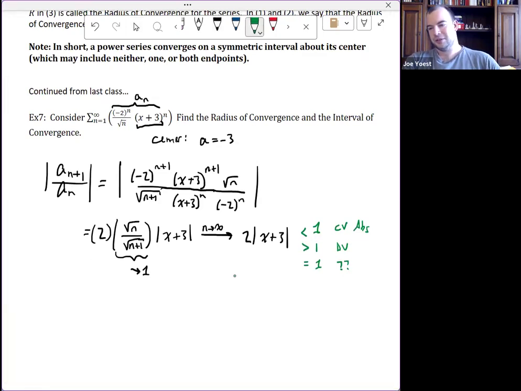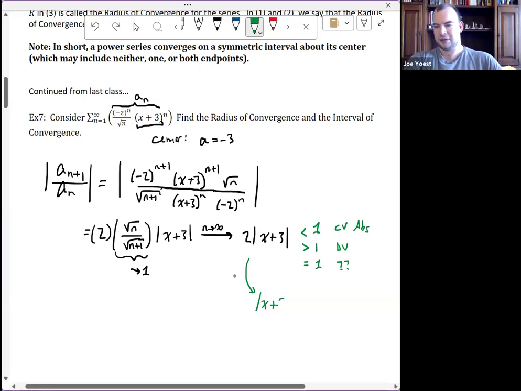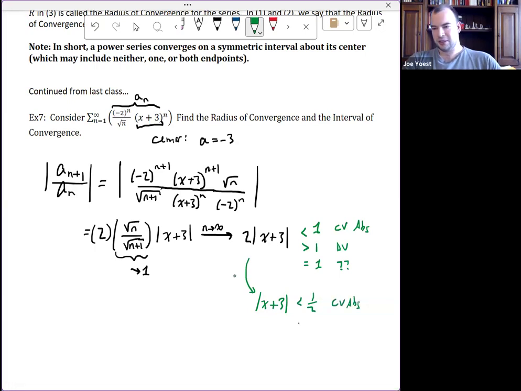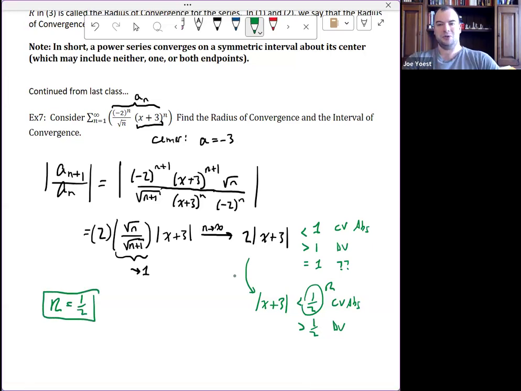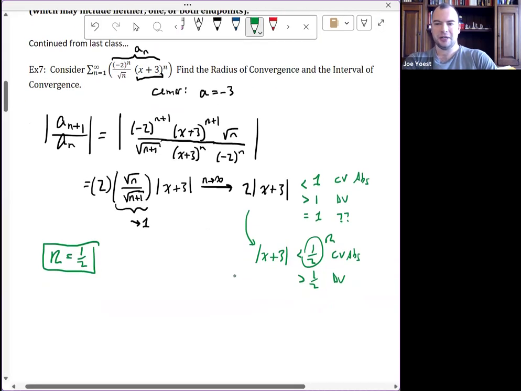Or in other words, if |x + 3| is less than 1/2, we converge absolutely. And if it's bigger than 1/2, we diverge. So this is our radius of convergence. Our radius of convergence is 1/2.